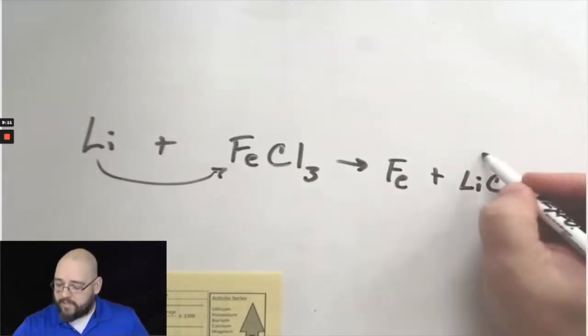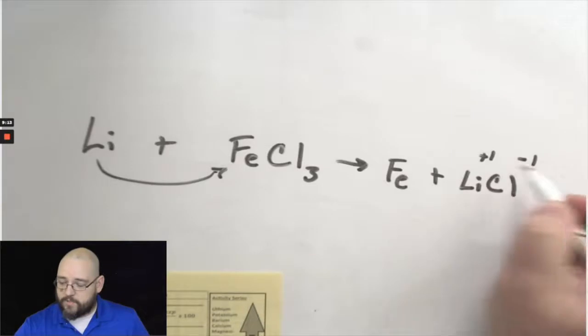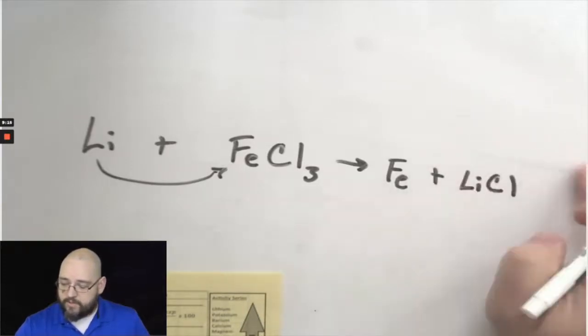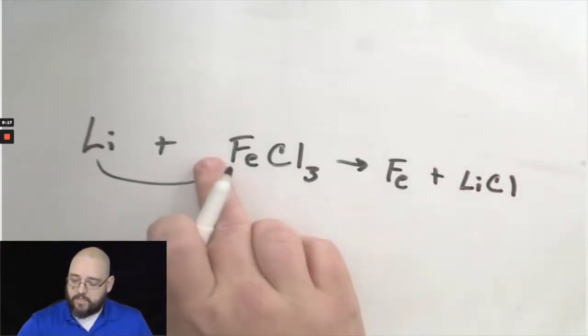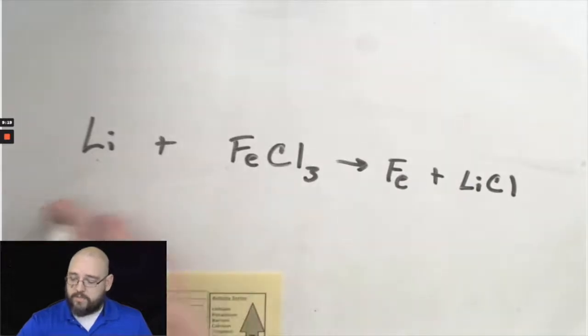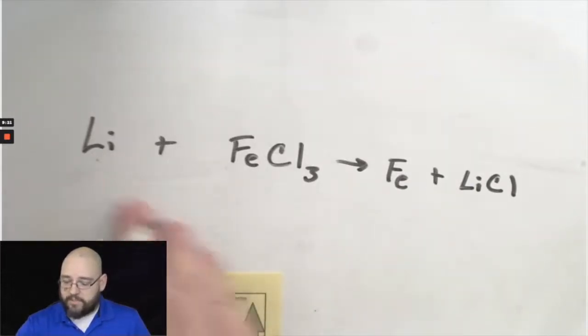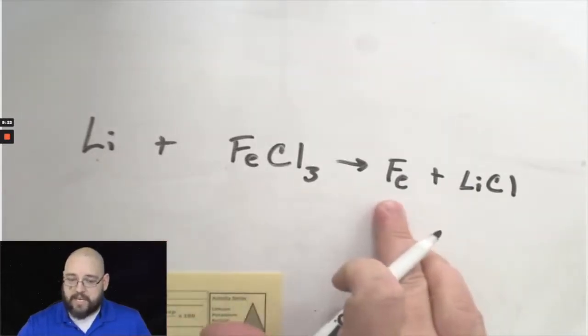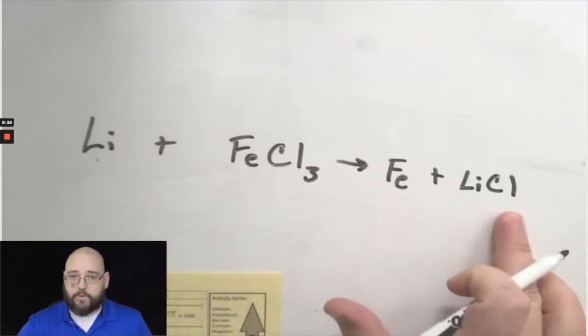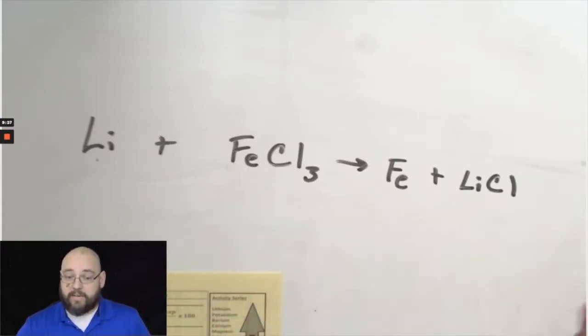Lithium is +1 and chlorine is -1, so their charges cancel out, and they have no subscripts. That is the correct way of doing this. So lithium replaces the iron, leaving iron by itself, and lithium and chlorine are now combined. Then I would have to balance this reaction. Okay, so that is the simple version.